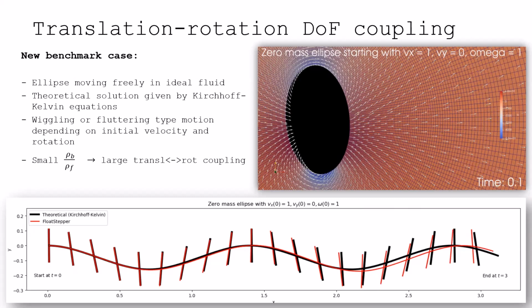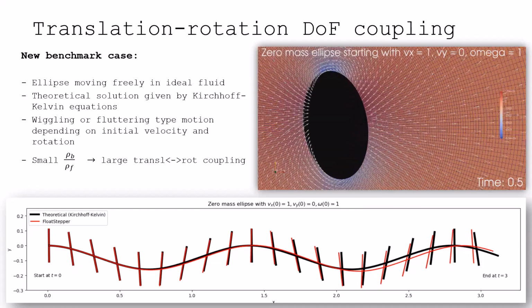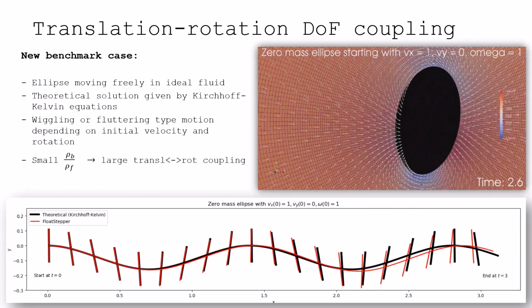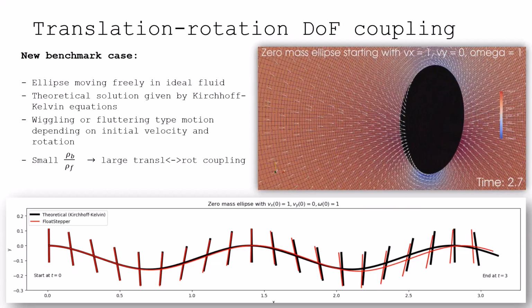If it's in an infinite ideal fluid, then it should just move indefinitely like this, wiggling back and forth. You can see the theoretical black curve it should follow here. That's from the Kirchhoff-Kelvin equations. So we have something nice to compare with. And this is a nice case because we get this coupling between the translational and the rotational degrees of freedom.